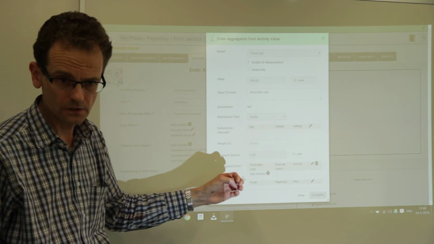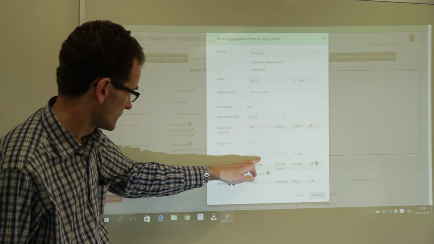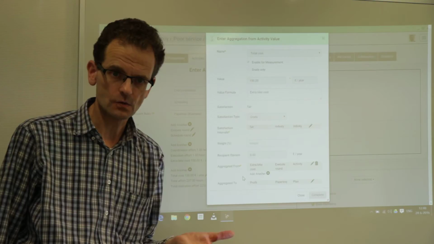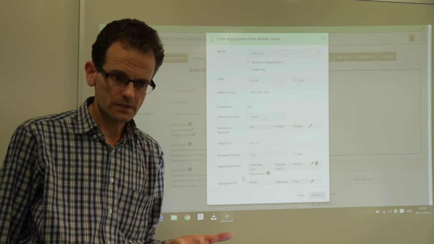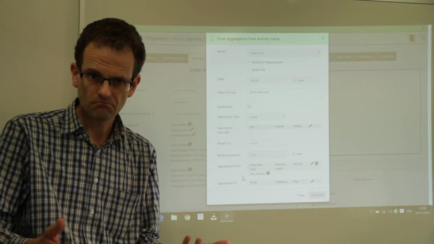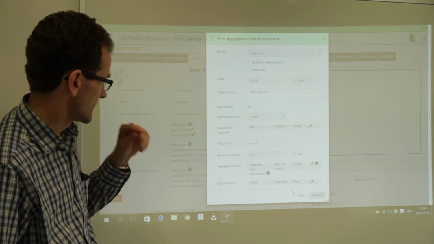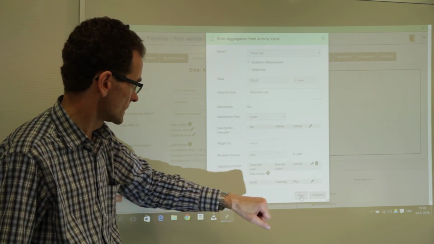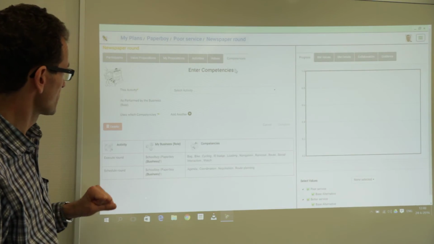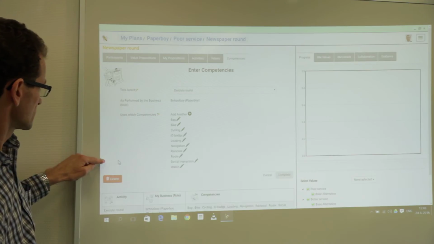Another aspect that we should highlight here is, we talk about a byte. This is something like resources, competencies. Because in order for a paperboy to do his job here, he needs resources, he needs capabilities. And these can also be defined in the app. You go to the competencies tab. So for instance, execute round.